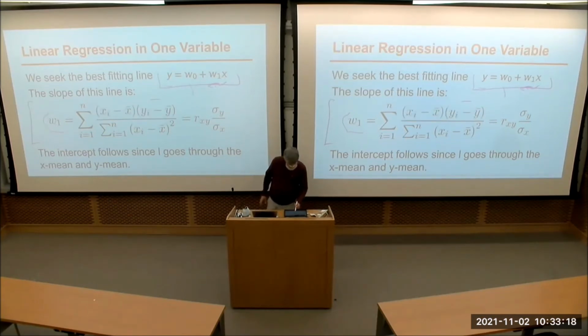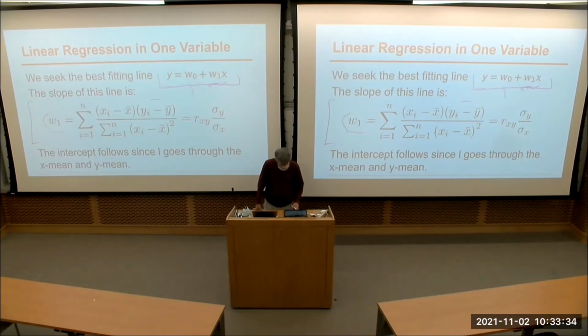When we normalize it, we're normalizing it by something that's the sum of the squares of these things. This is analogous to a variance.